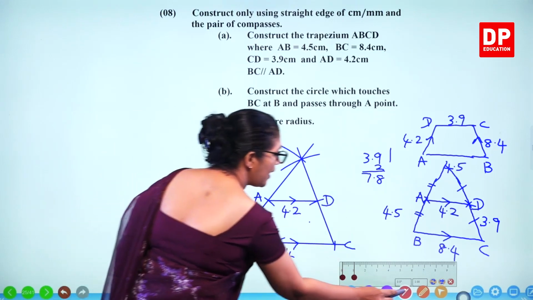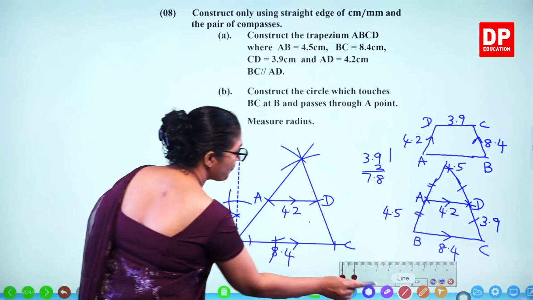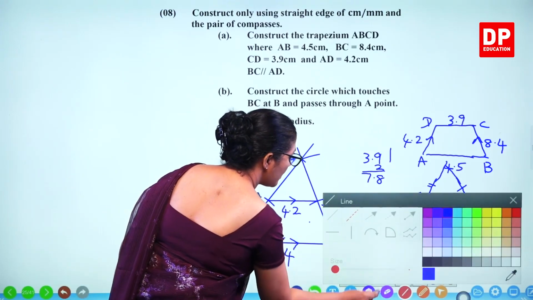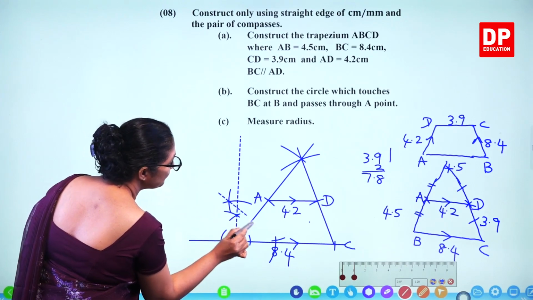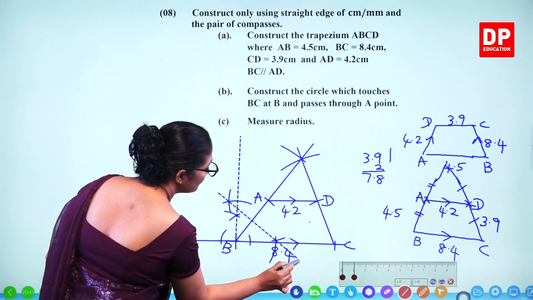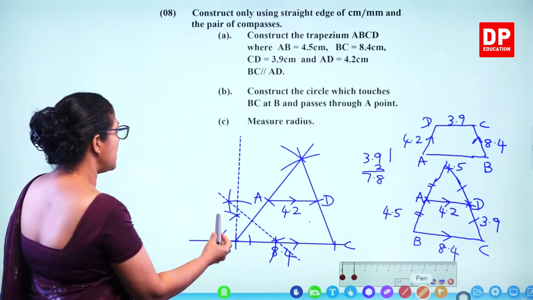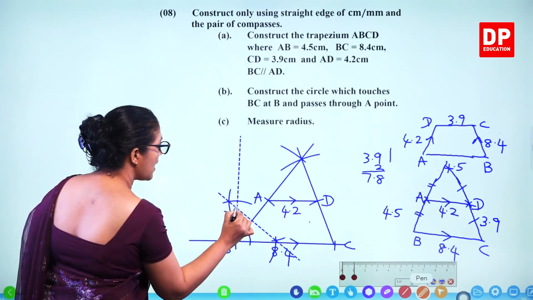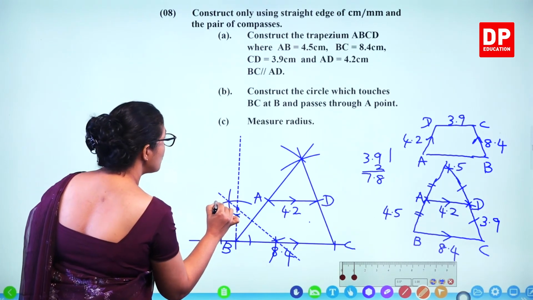And now connect the two intersecting points. So we'll draw a broken line there. Now we are trying to find the center. So the center becomes the intersecting point of this and this. So this is the center of the circle. I'll put O.